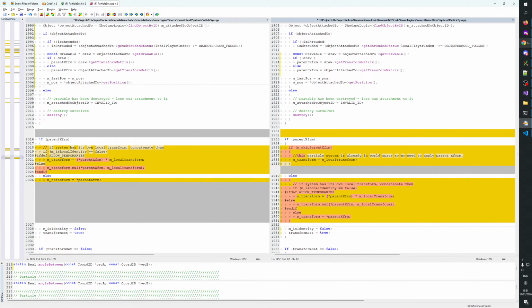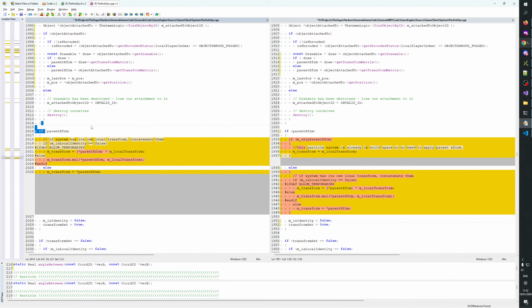Okay, so originally it would do transform, parent Xform, local transform. Okay. More. Okay. Otherwise it does this. Okay. So it's like some optimization or something, I don't know. Okay, I guess that's perfectly fair.